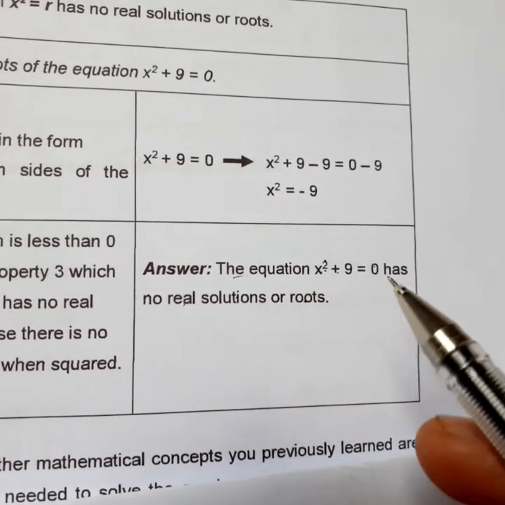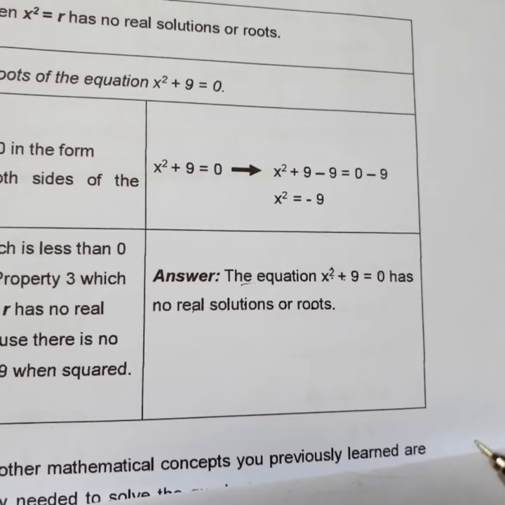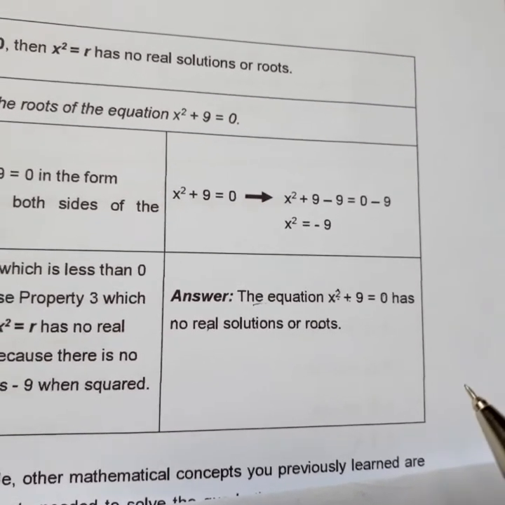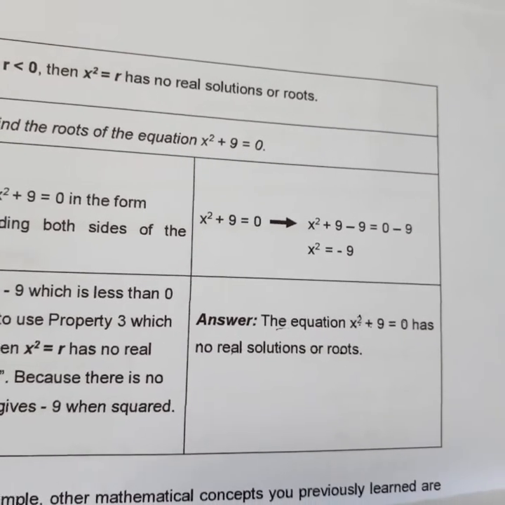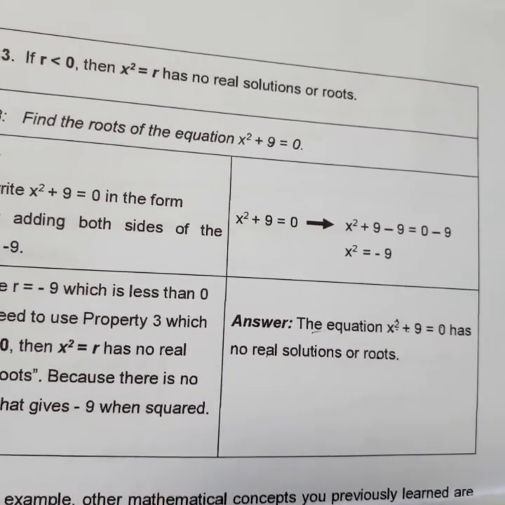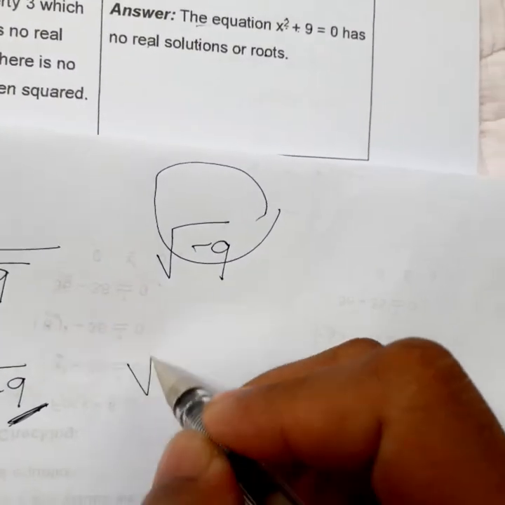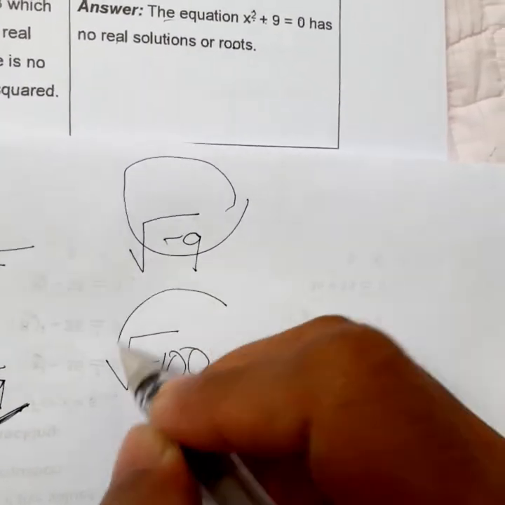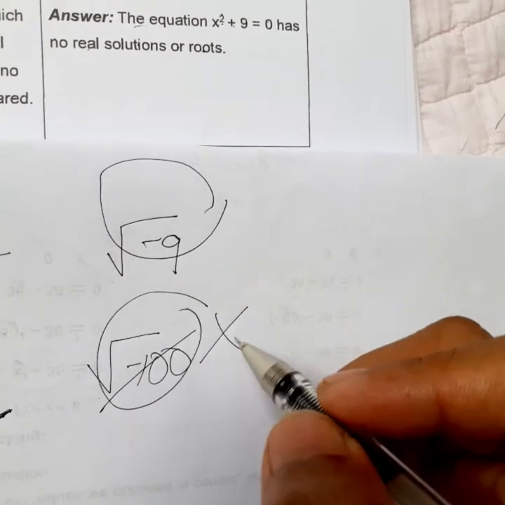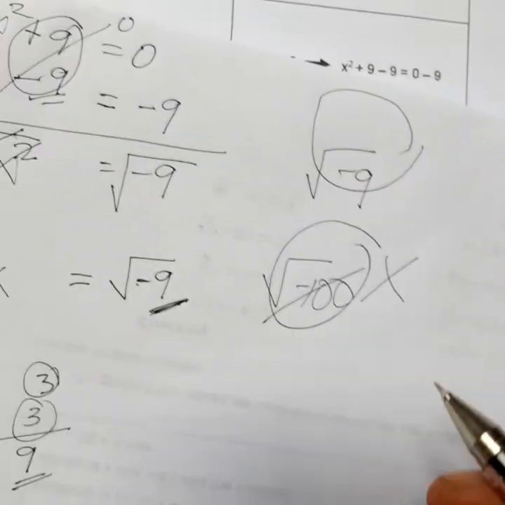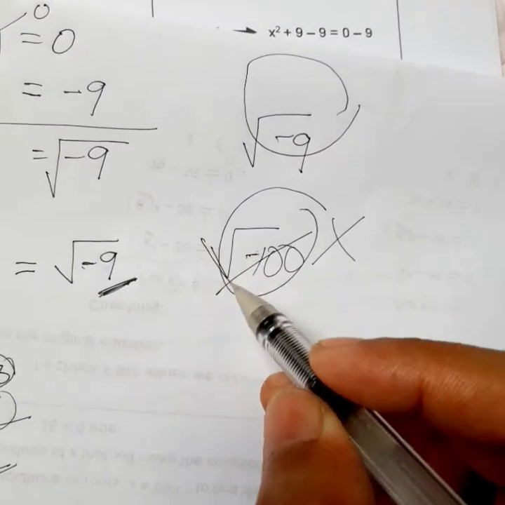Since it is imaginary, there is no answer for the square root of a negative number. For example, the square root of negative 100 has no answer. It is imaginary, no real solutions or roots. Whenever a negative is inside the square root, that is imaginary.